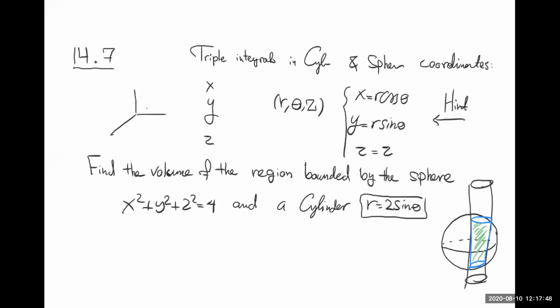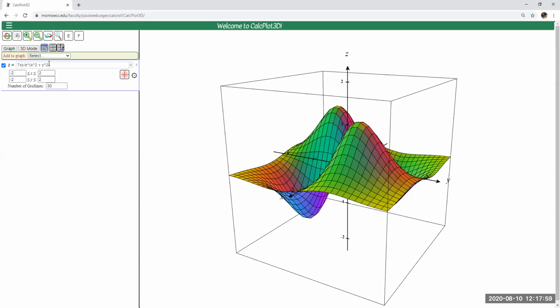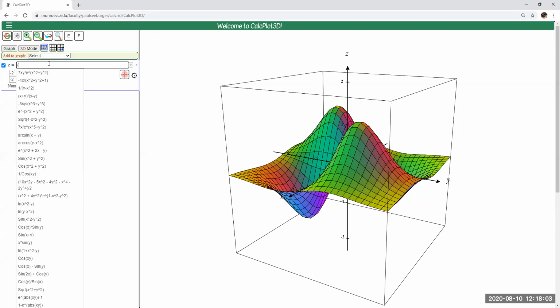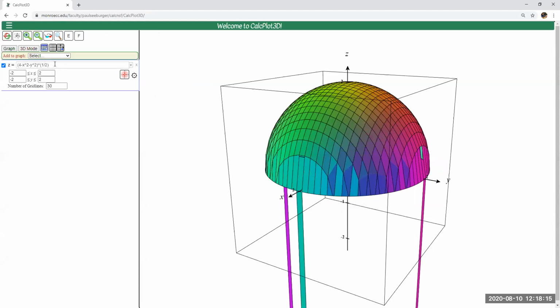Let's also see if I can show you how this really looks. We have two surfaces. One of them is the sphere where z is equal to the square root of 4 minus x squared minus y squared. That would be half of the sphere.